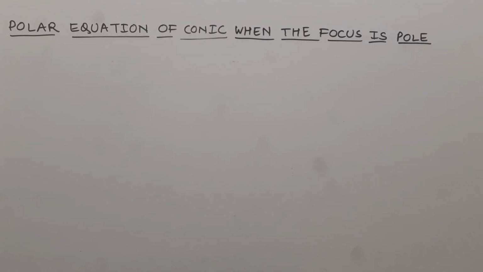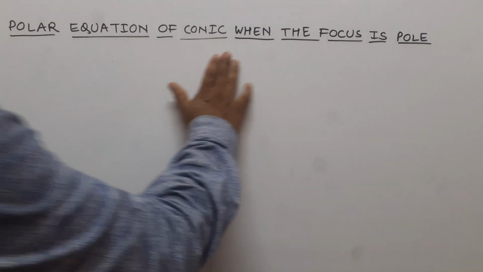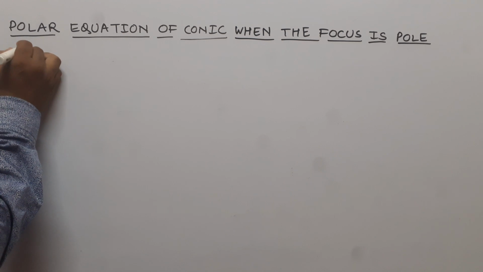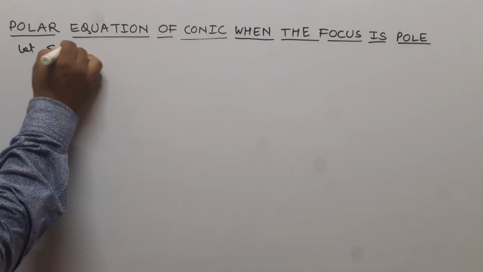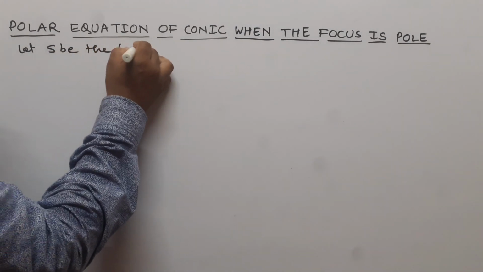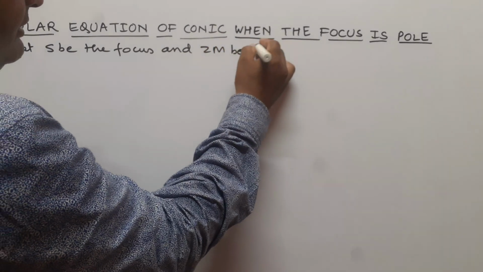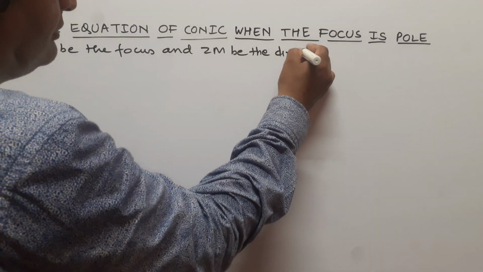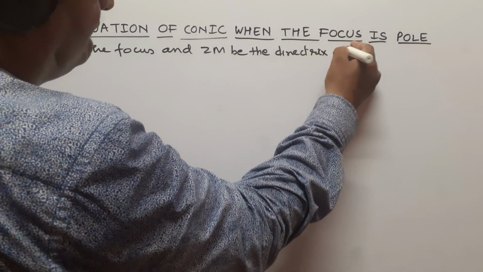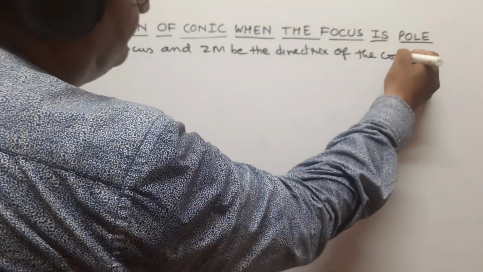Hello friends, now we find the polar equation of that conic whose focus is as a pole. Now let us suppose that S be the focus and ZM be the directrix of the conic.